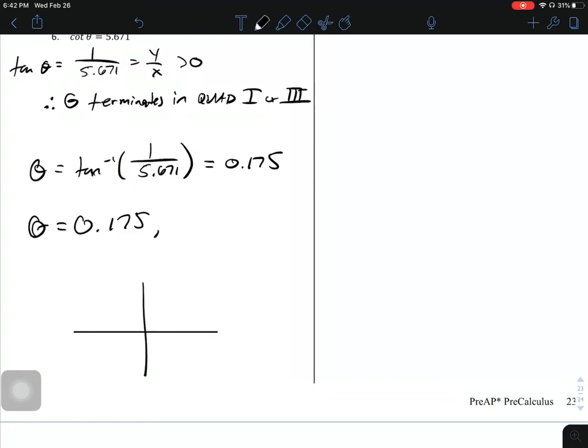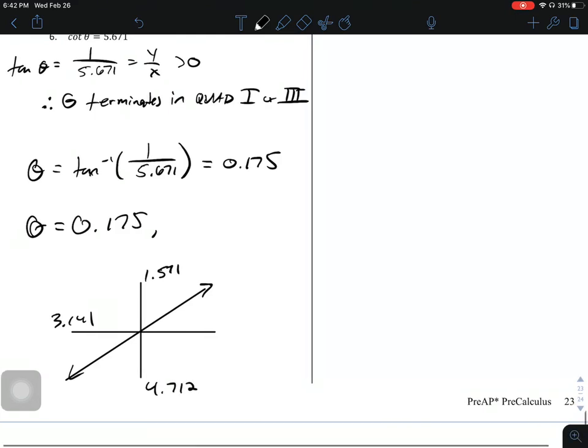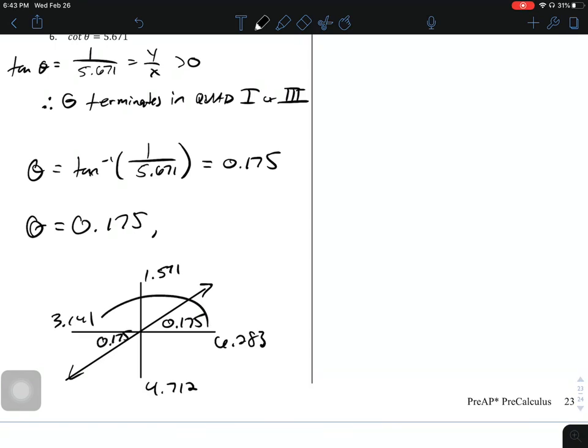If we know that the answer is in quadrant 1 or 3, and we know our quadrantal angles are like so, then this is 0.175. This reference angle is also 0.175, which means this angle is 3.141 plus 0.175, which is 3.317. Once again, these are both in radians.